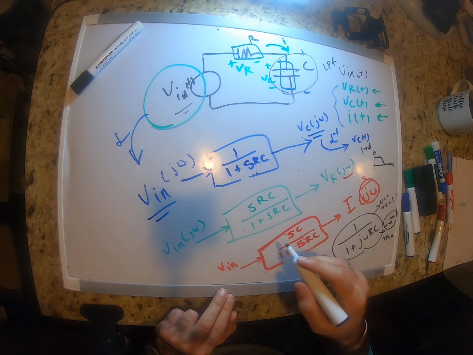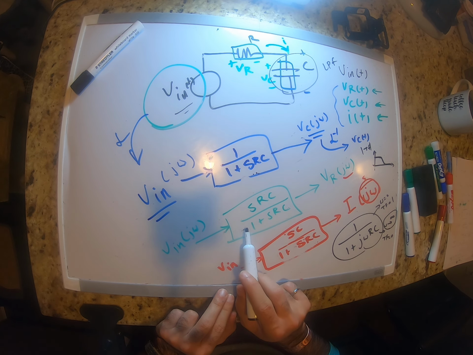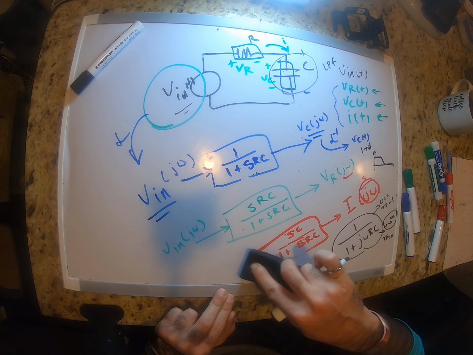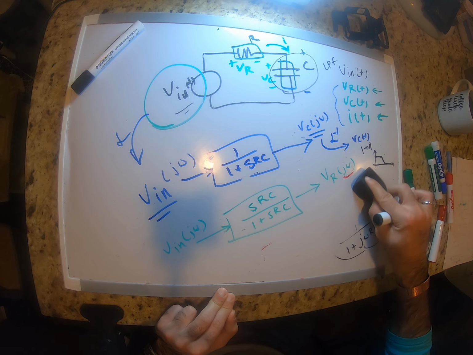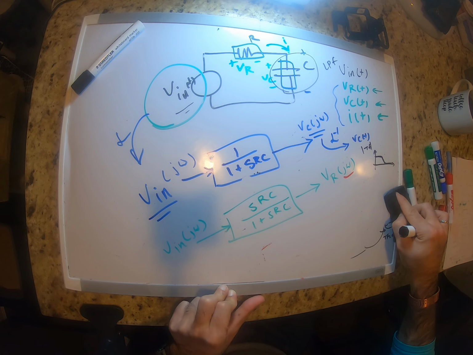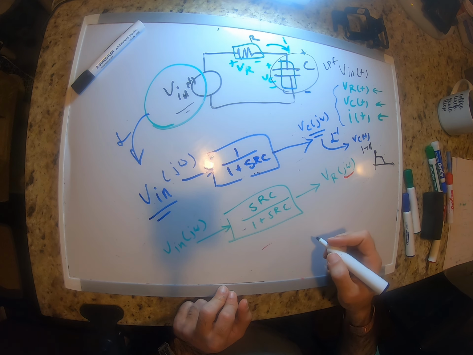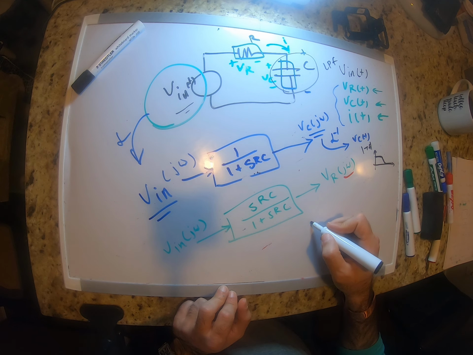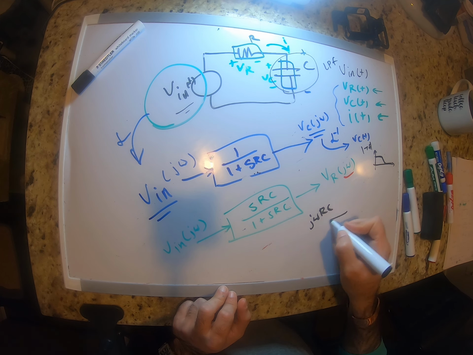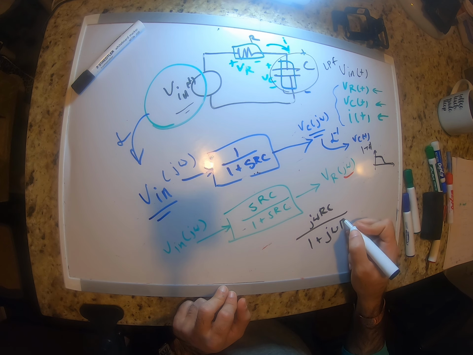Okay, where if you look at this one, if you actually choose the voltage of the resistance as your output, then in this case, this is what we have: j omega RC over 1 plus j omega RC.